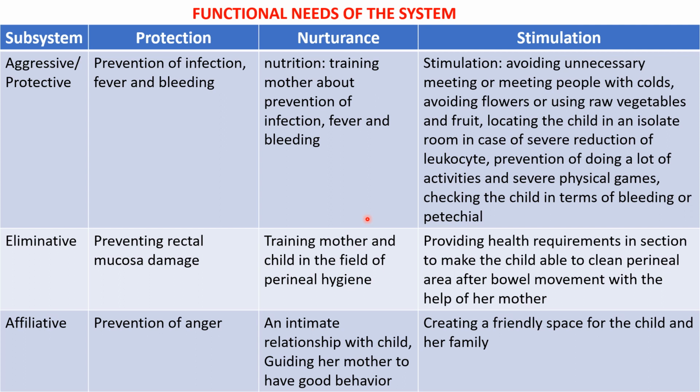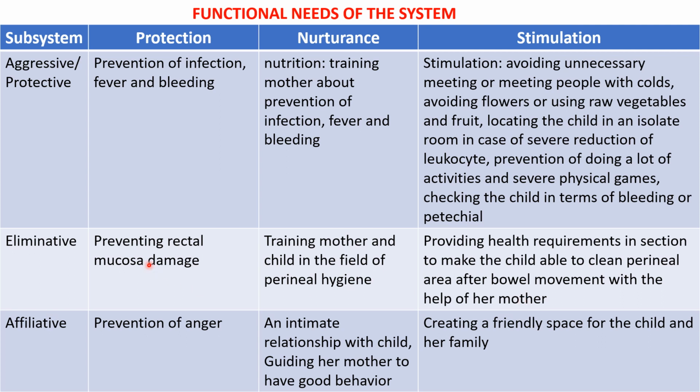How to nurture is we need to train mother and child in the field of perineal hygiene. So it will be nurtured. Stimulation is by providing health instruction to make the child able to clean the perineal area after bowel movement with the help of her mother. All the needed things we will be providing to the child and the mother.